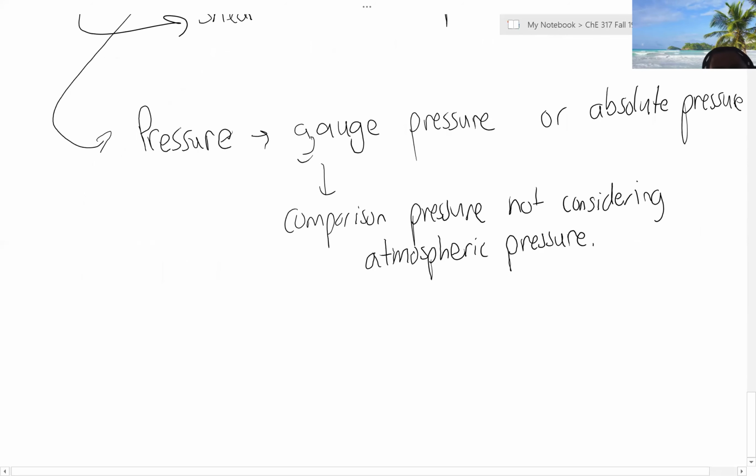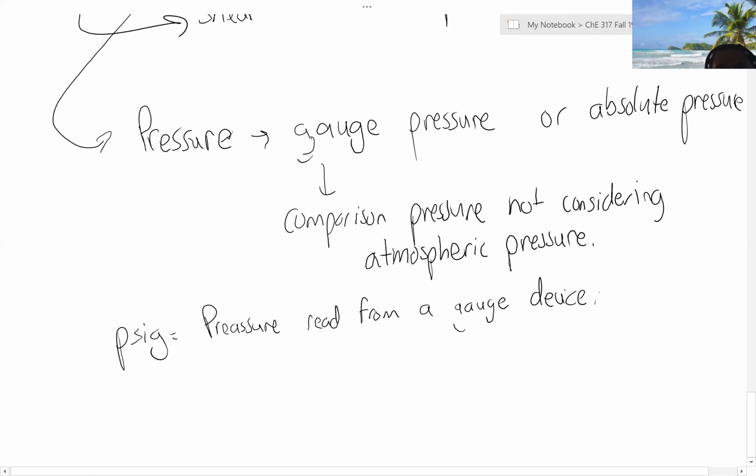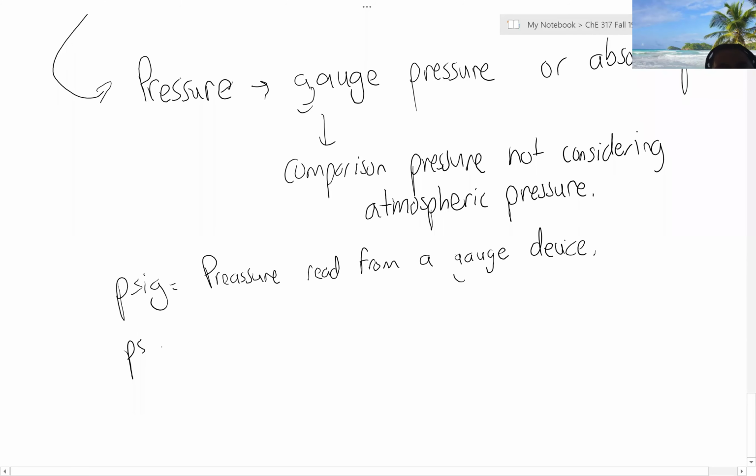So I can say PSIG is equal to P minus, it would just be the pressure read from a gauge. The absolute pressure, or if I'm looking at PSI, PSIA, it would simply be the PSIG plus the atmospheric pressure.